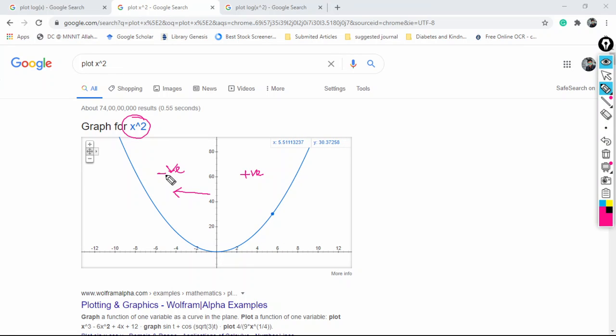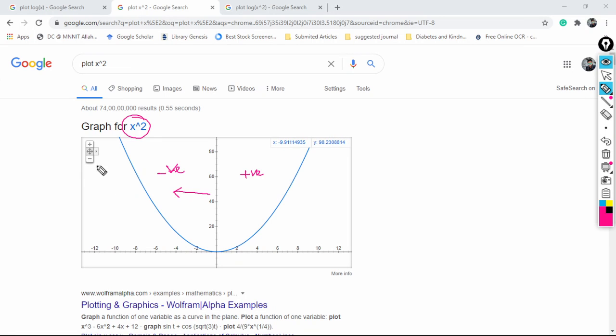So this function is not a monotonic function, because over the whole domain it behaves in two types: on the negative side it behaves monotonically decreasing, and on the positive side it behaves monotonically increasing. So it is not a monotonic function.